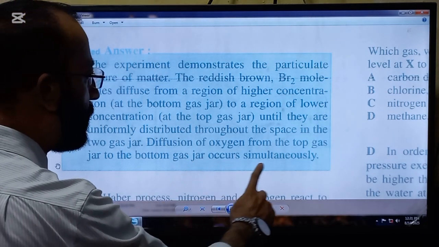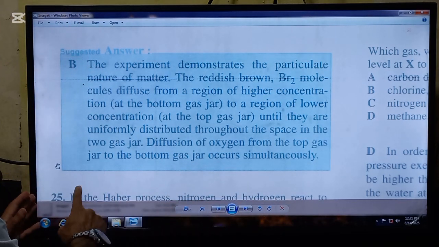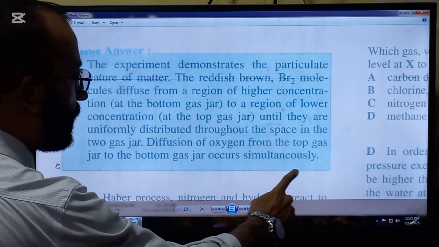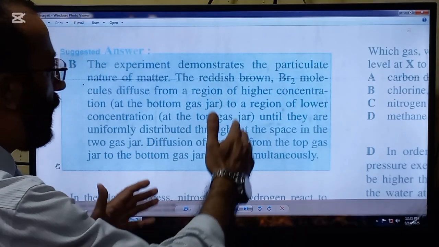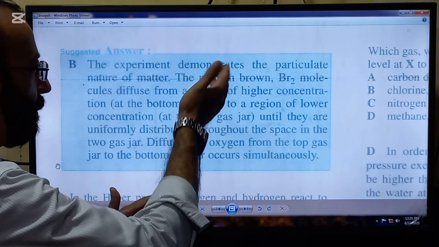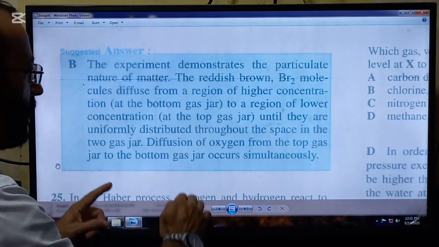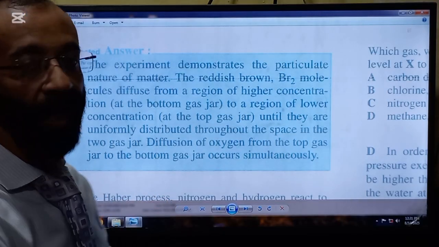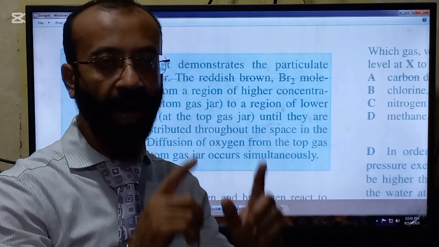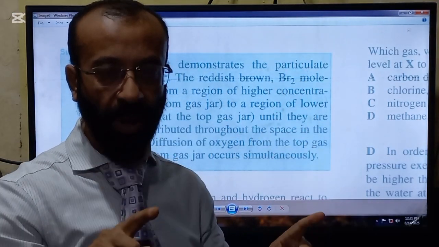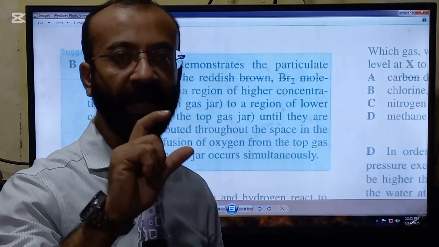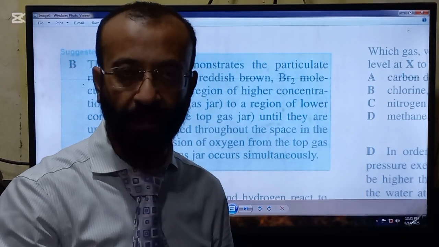Diffusion of the oxygen from the top gas jar to the bottom gas jar occurs simultaneously. So bromine from the lower to upper and oxygen from upper to lower will move, and diffusion will take place, and after some time the whole apparatus will be of the reddish brown color. So diffusion will occur.